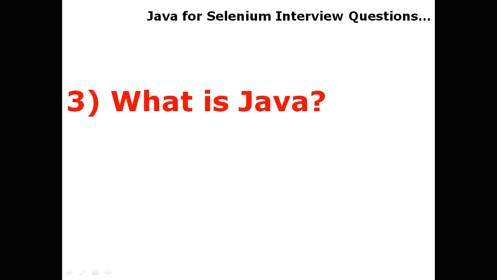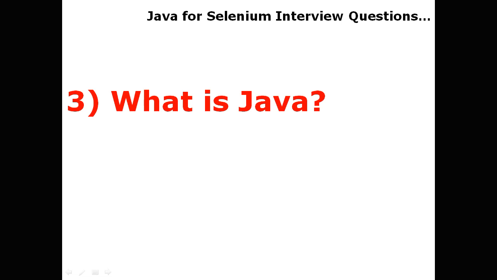Next point, Java is a platform independent language. It can be compiled and interpreted. Next, Java is simple. It is easy to learn and easy to implement. Next, Java is secure.